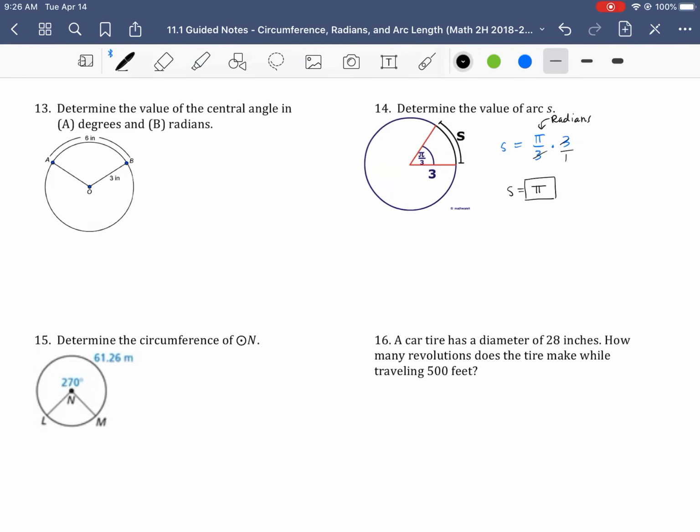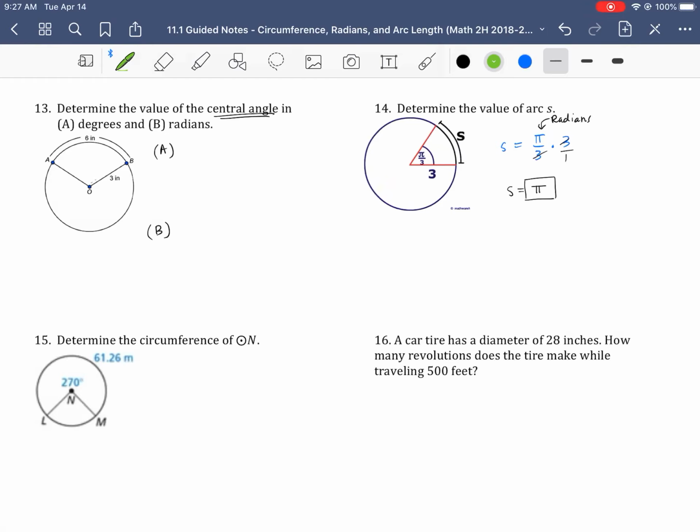All right, a couple more examples. So number 13, determine the value of the central angle. This time we don't know the angle in degrees or radians. So we could use both of those relationships to find it first in degrees and then in radians. Notice if we're talking about radians, I know this is weird, but I'm going to do B first.